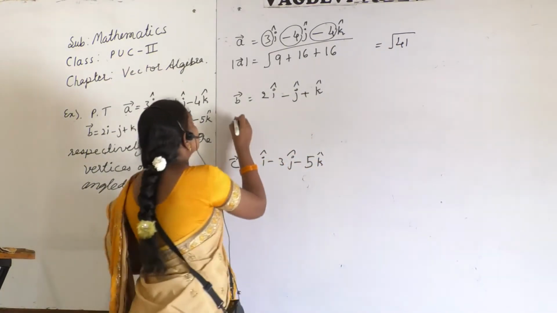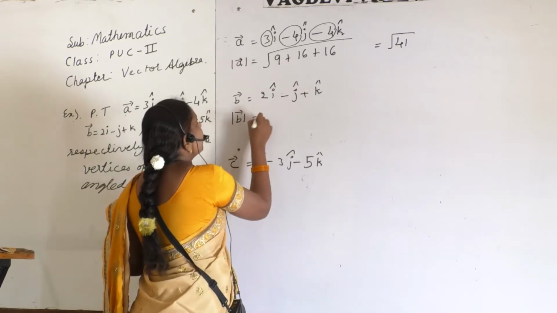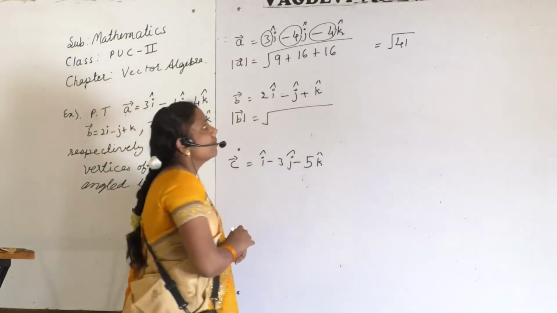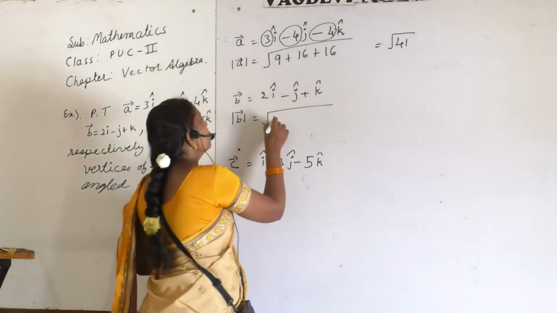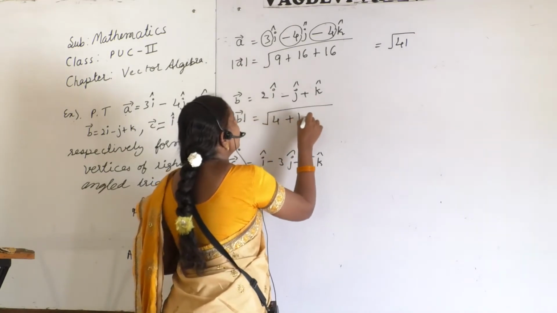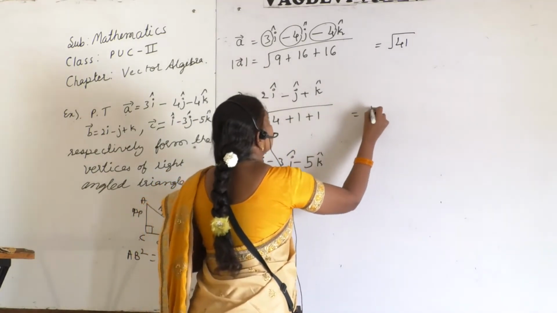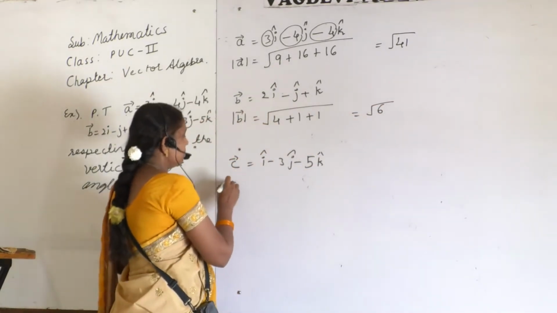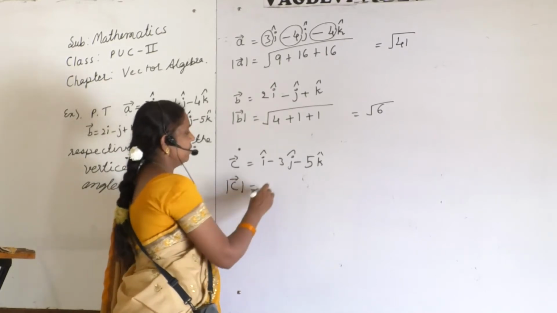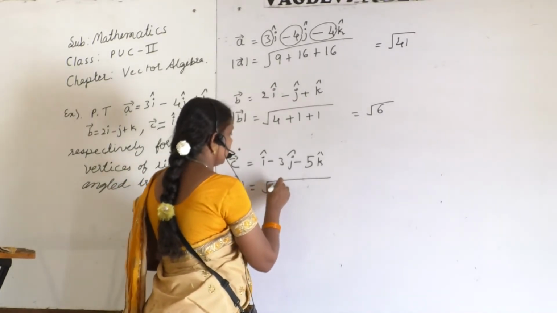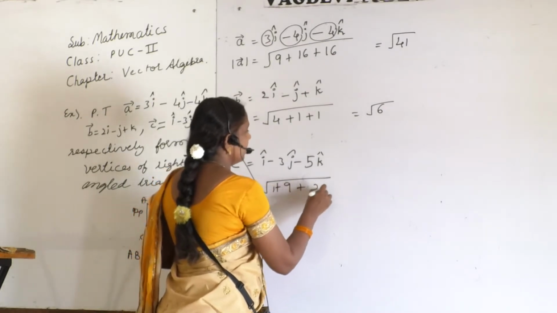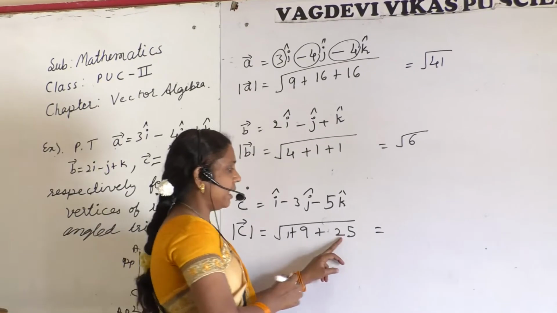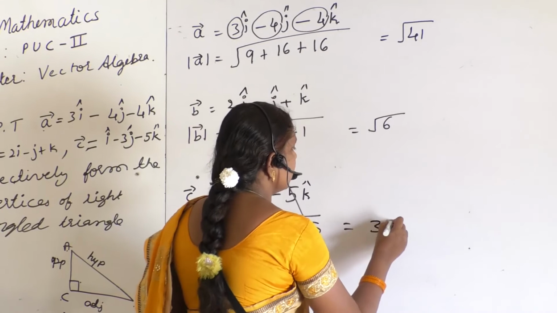Next, length B we will be finding. 2 squared is 4, plus 1 plus 1, is equal to 6. Modulus C we will be finding: 1 squared is 1, 9 plus 25. So 1 plus 9 is 10, 10 plus 25 is 35.